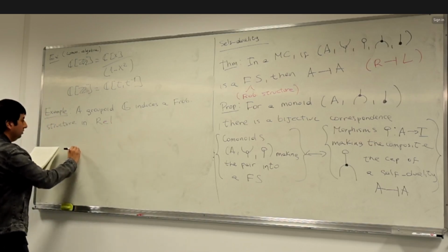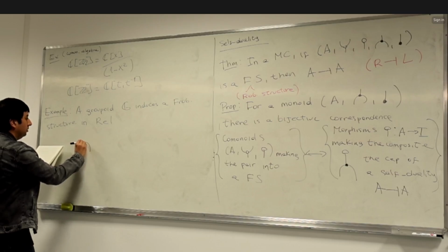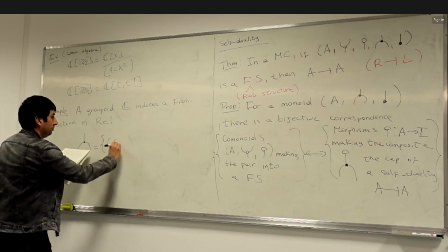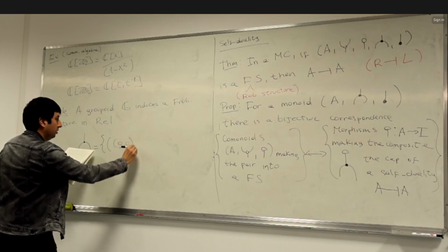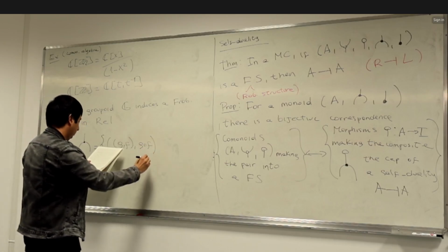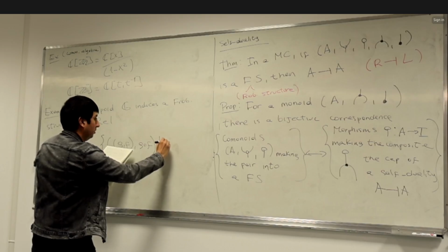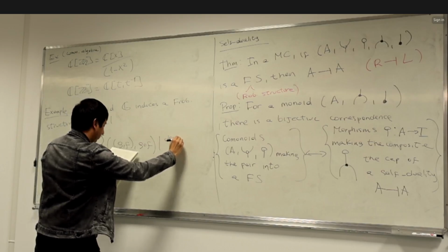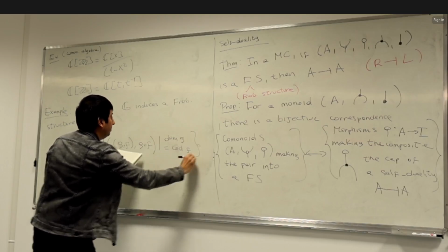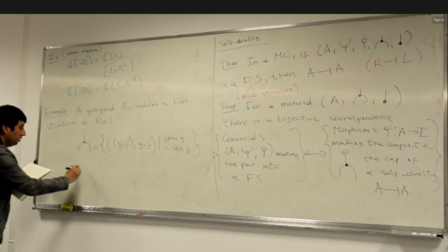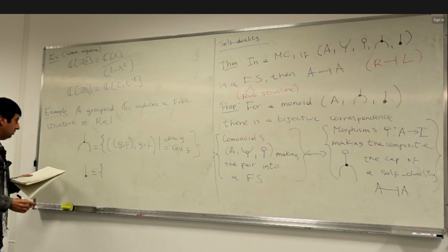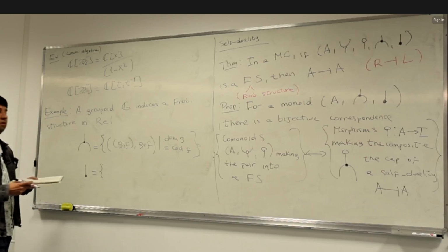Okay, let's give explicitly the structure: GF, G compose F, when the domain of G equals the codomain of F, the unit, sorry.